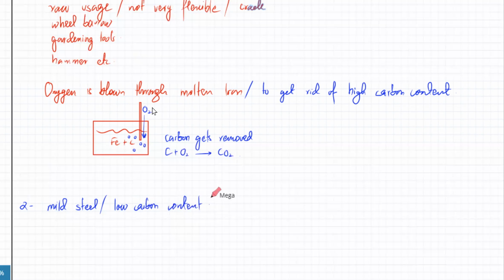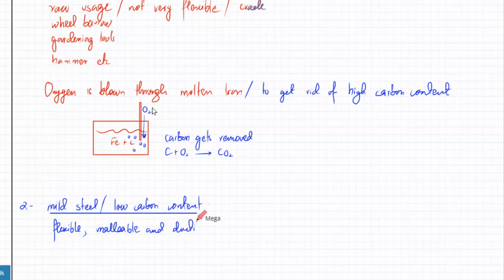When something has low carbon content, that basically means it's flexible. So it's flexible, or you can call it malleable, and also ductile.